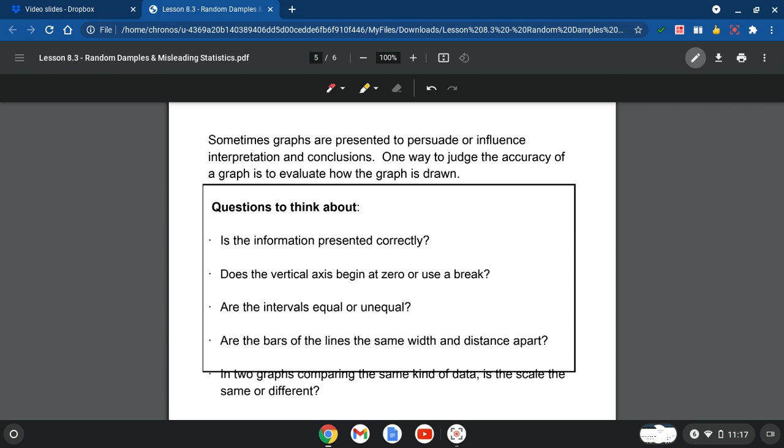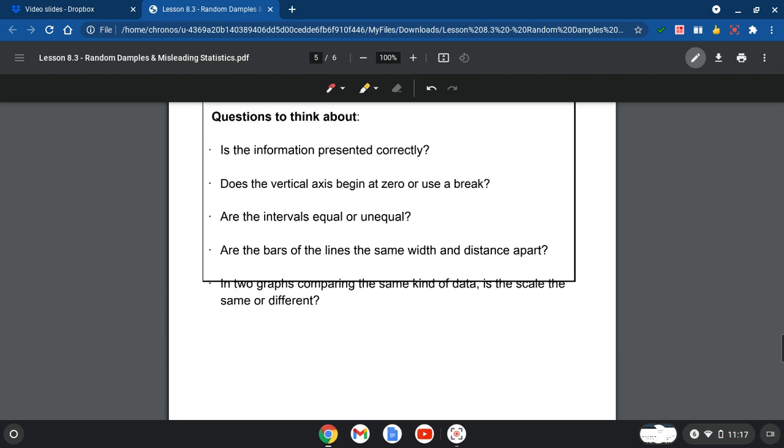Does the vertical axis begin at 0 or does it use a break? Are the intervals equal or unequal? Are the bars or the lines the same width and distance apart? And finally, in two graphs comparing the same kind of data, is the scale the same or different?